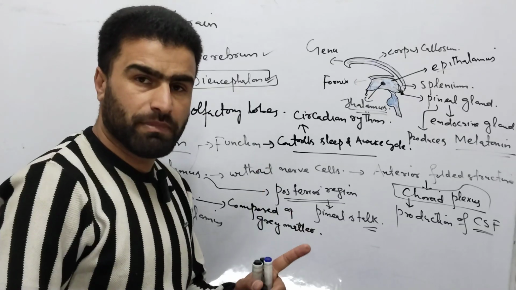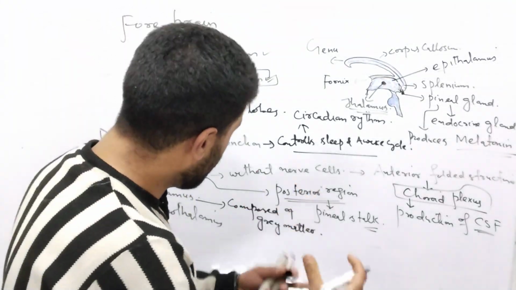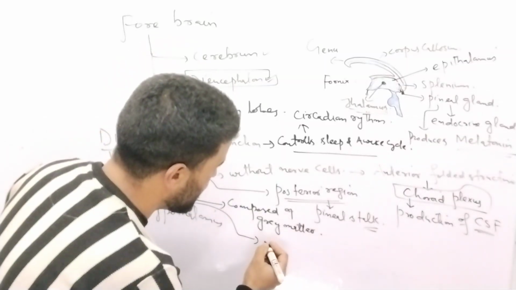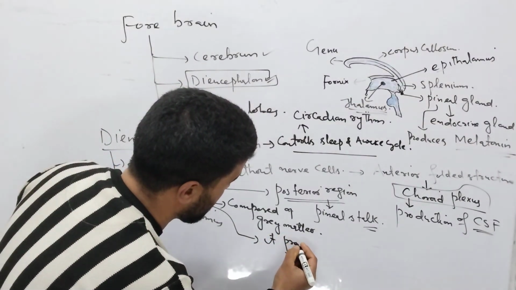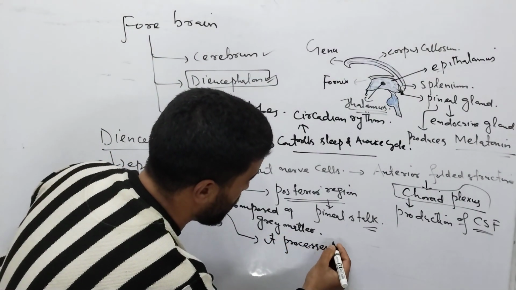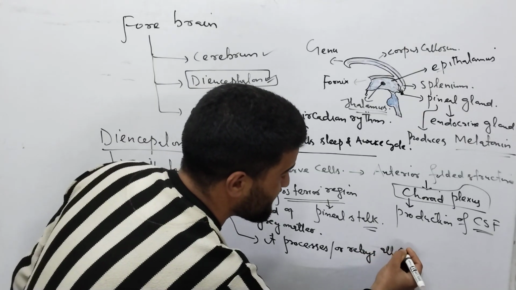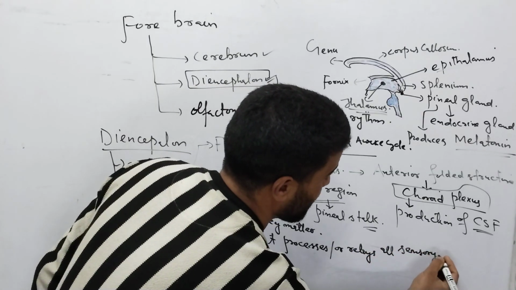It is composed of gray matter, and one important function of this thalamus is this: it processes or relays all sensory signals.